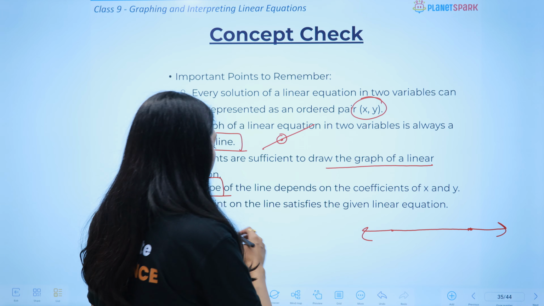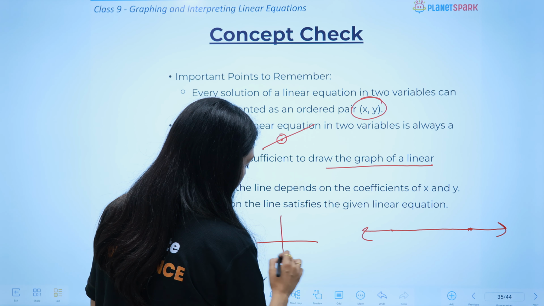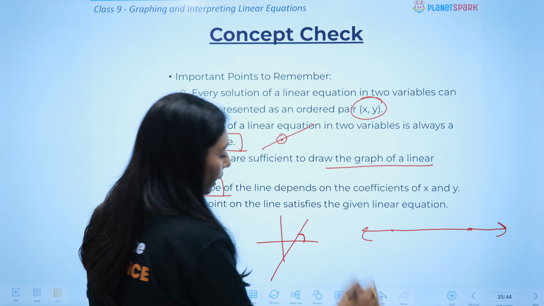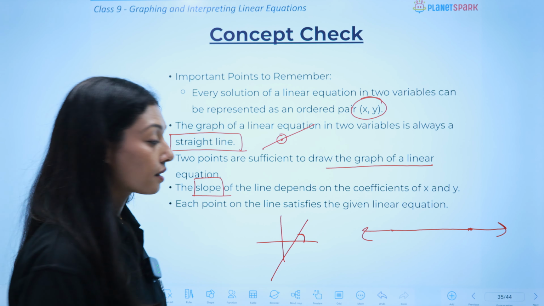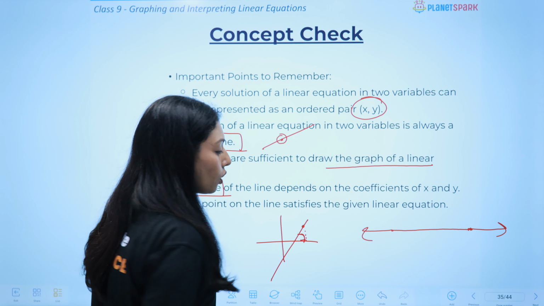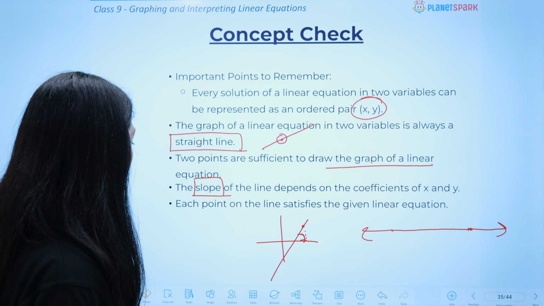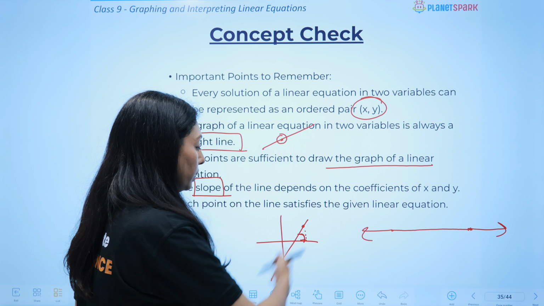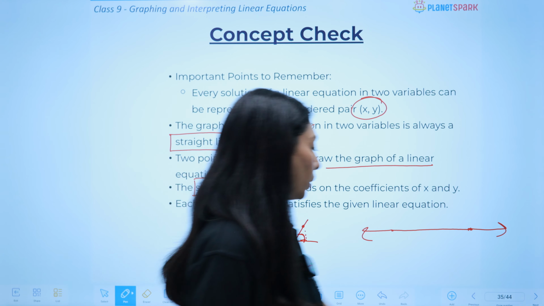Slope मतलब क्या? Inclination on the x-axis. Let's say this is the equation. तो ये line कितनी inclined है with the positive x-axis, that is the slope. How do we get that? Yes, depends on the coefficients of x and y there. Okay, each point on the line satisfies the given equation, so these will all be the solution of the equation.